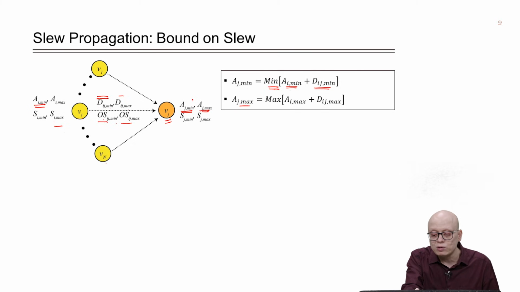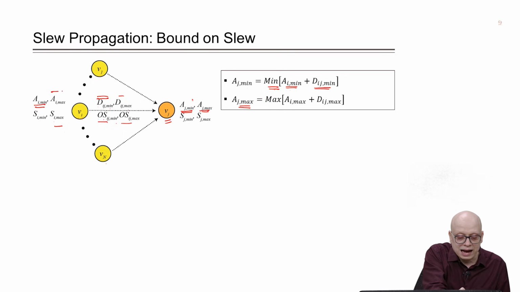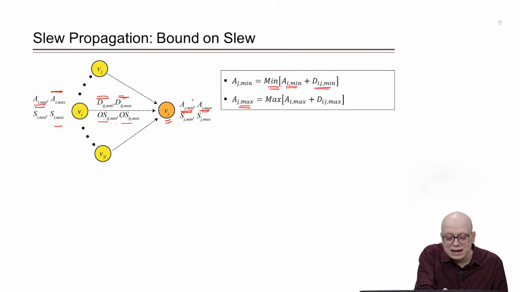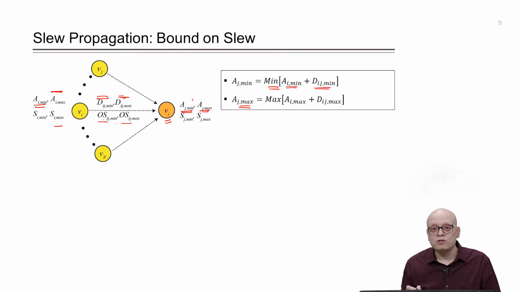Similarly, the maximum bound on the arrival time can be obtained by adding Ai max corresponding to a vertex with Dij max for the edge corresponding to this vertex, and then out of all the n input vertices, take the one which is showing the maximum, right. So, this is how the bound on the arrival time will be derived.